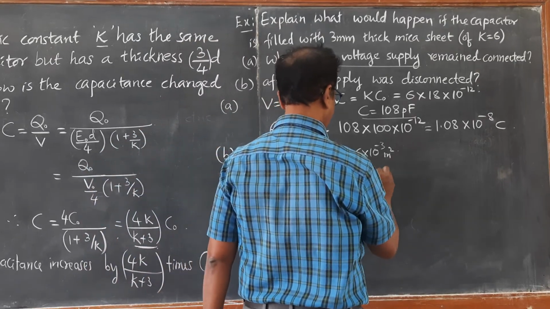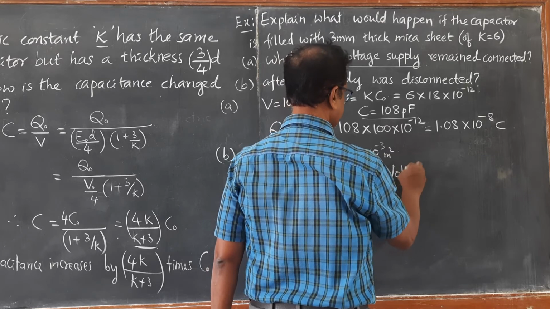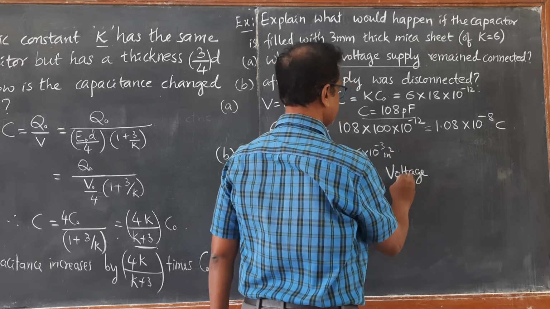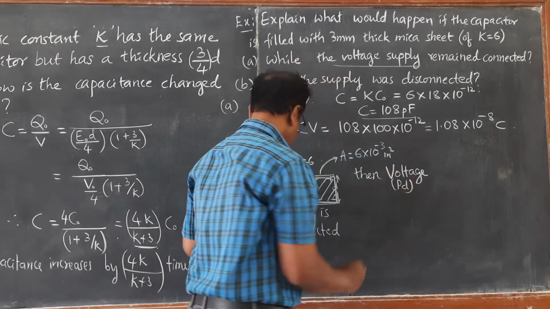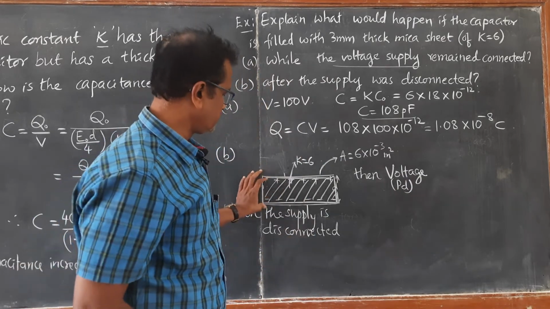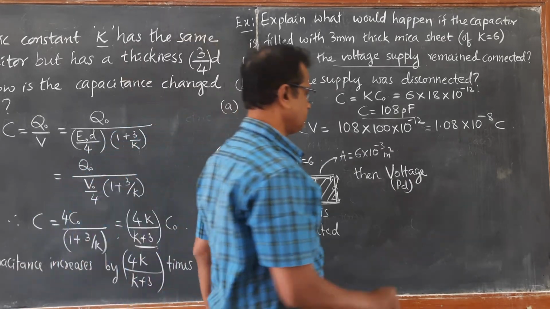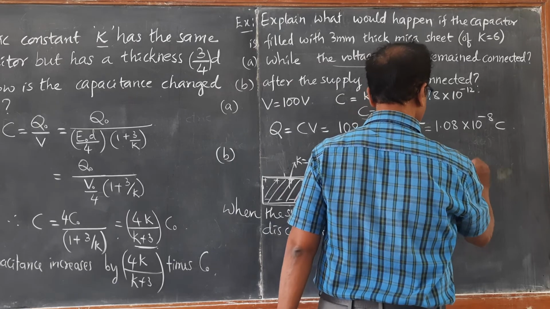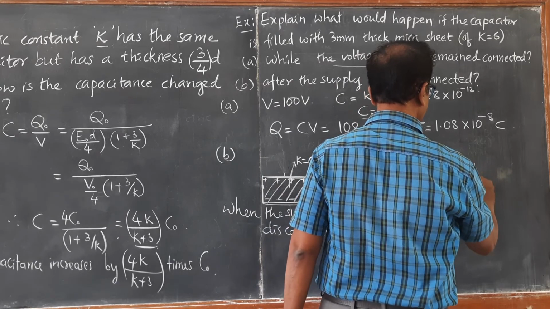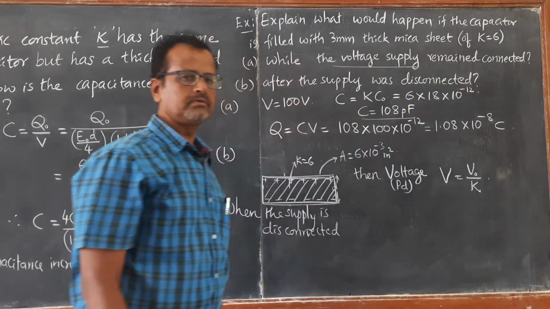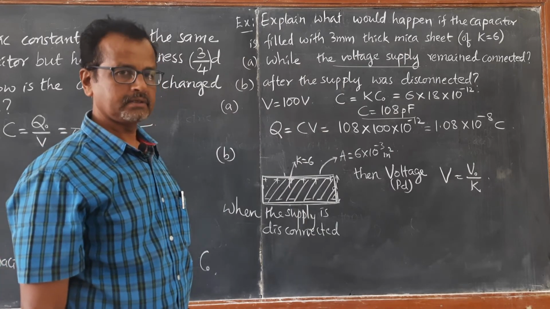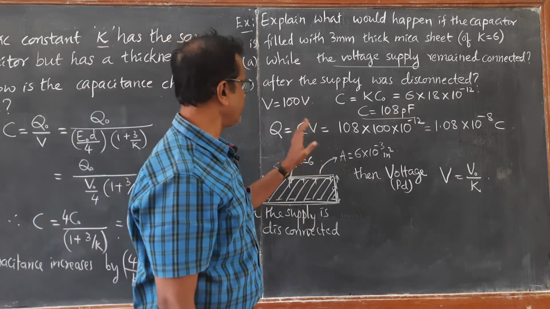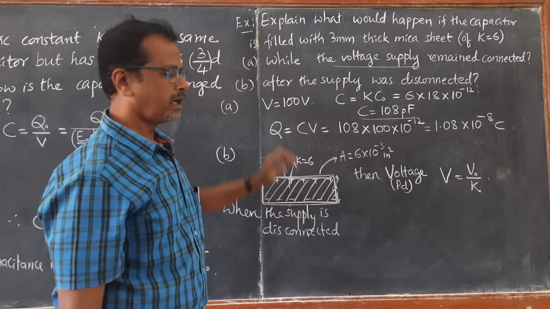The voltage, that is the potential difference, due to the insertion of the dielectric, becomes V equal to V naught by K, right? We know V naught already. How much is V naught? 100.